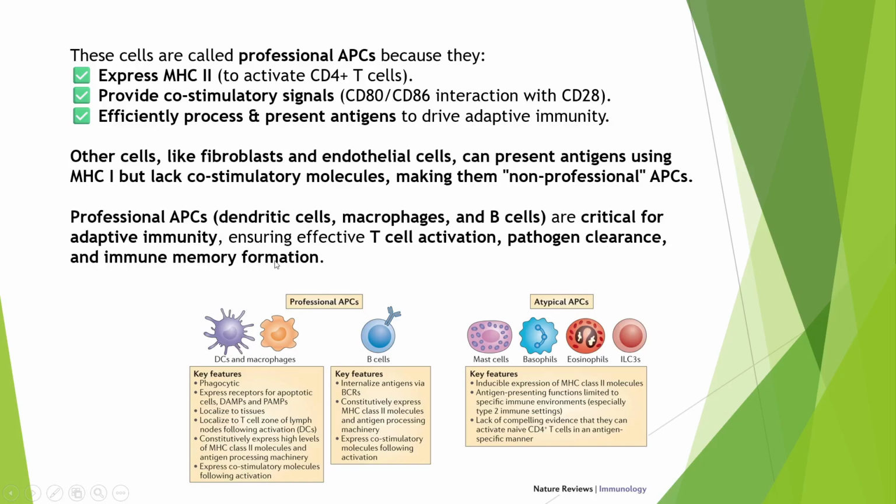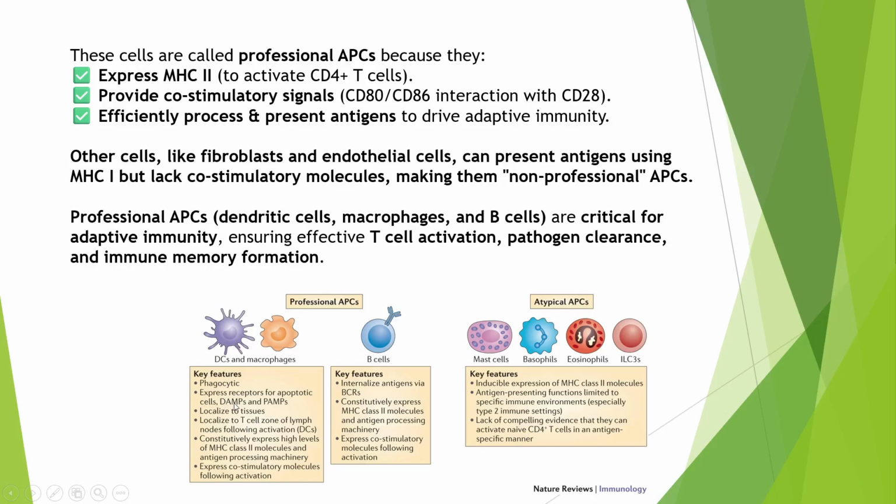and immune memory formation. So you can see here professional APCs, we have the DCs, we have the macrophages, we have the B cells. So DCs and macrophages are phagocytic in nature. They express receptors for apoptotic cells.